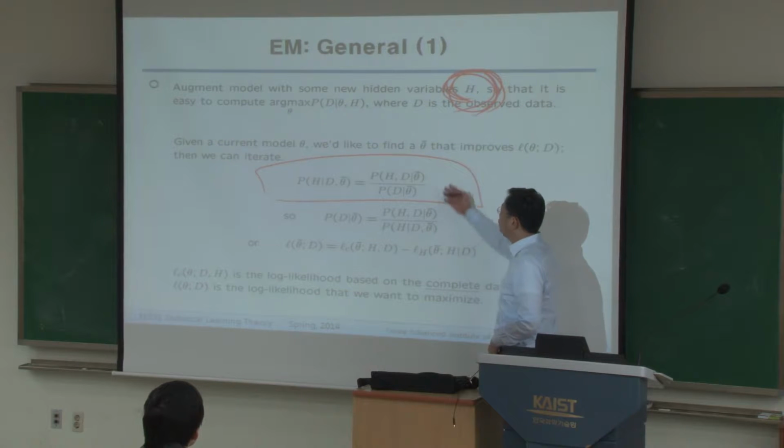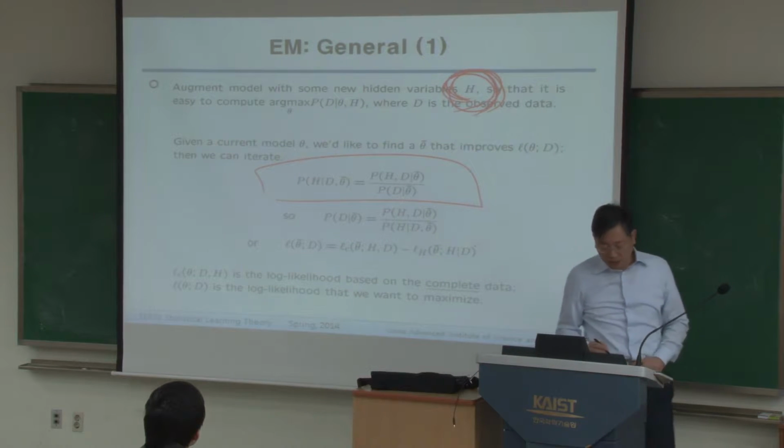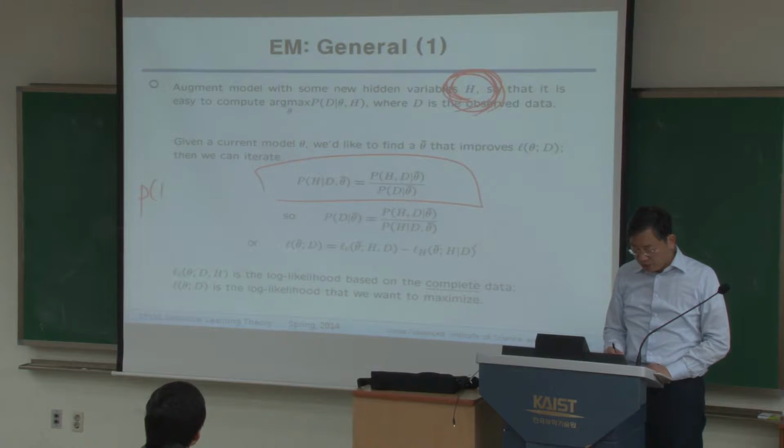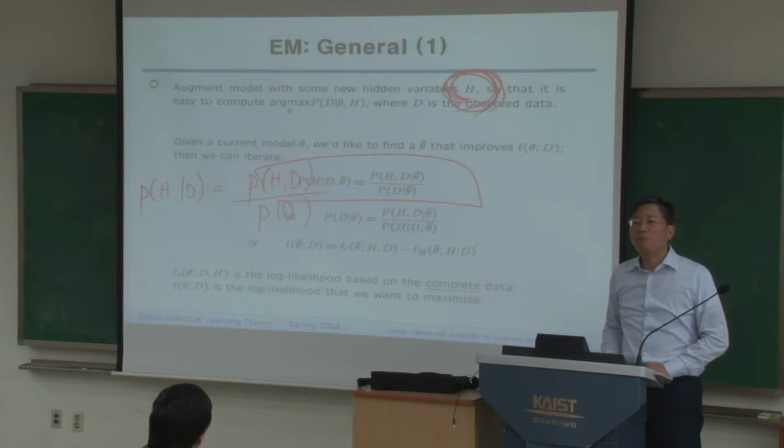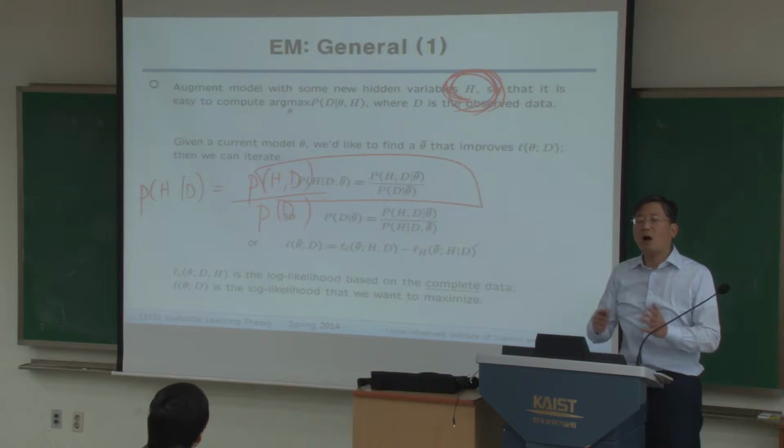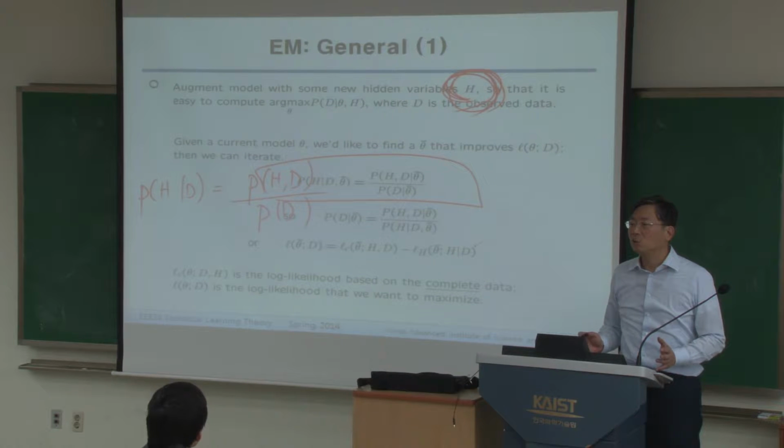So you may say, how did you get that? This is very easy again. What's the probability of H given this, using Bayes' law? It's the joint probability divided by the probability of the data. But we forgot to include the world, which is given.